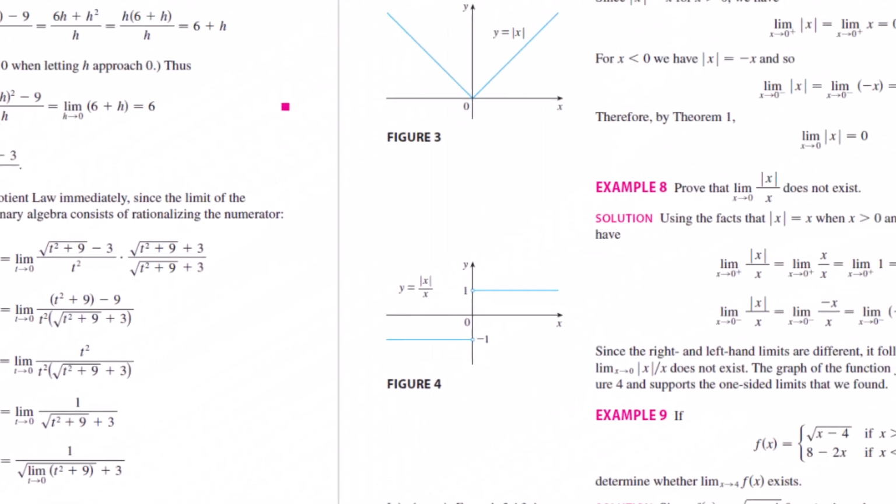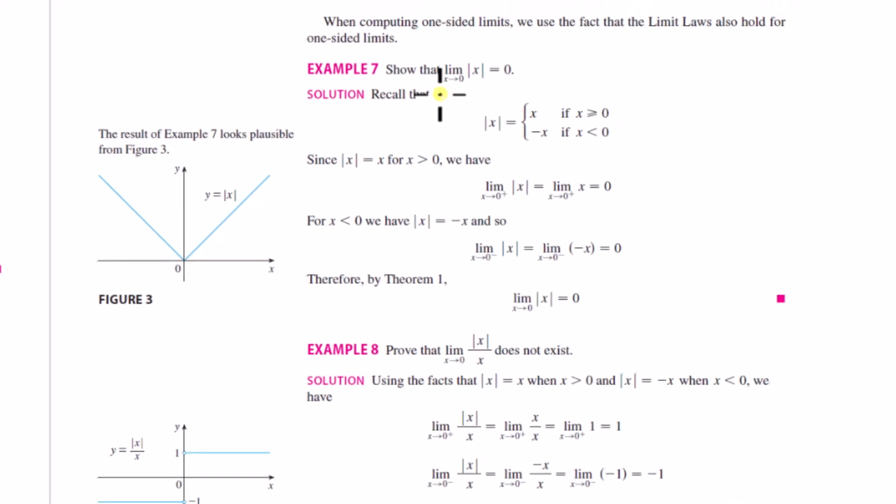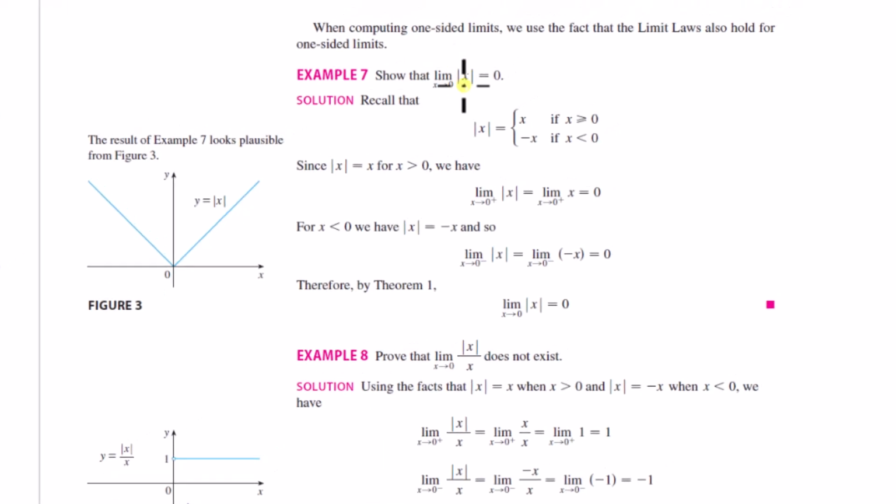So, show that the limit as x approaches 0 of the absolute value of x is equal to 0. So here you have an absolute value function of just x. You have a kink right here, because at the crossover point it's not smooth. It just all of a sudden changes direction, right? Now, the absolute value of x is a continuous function.